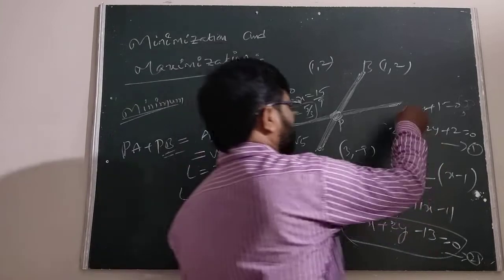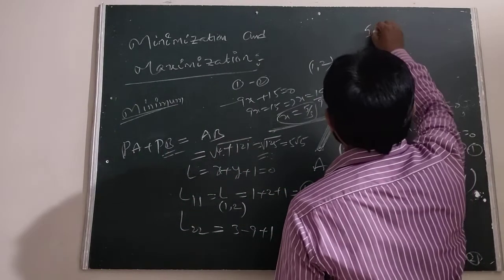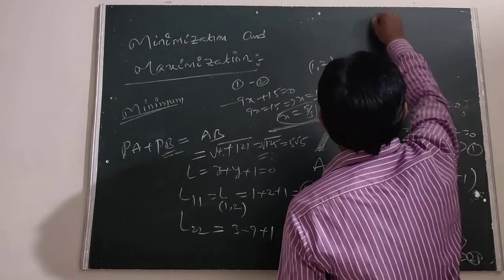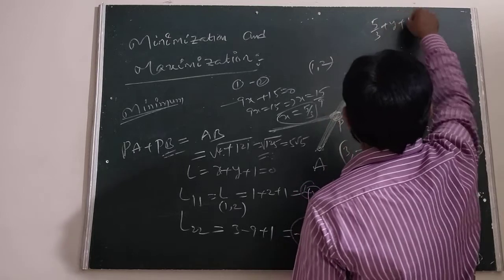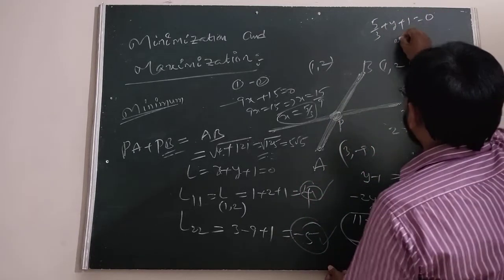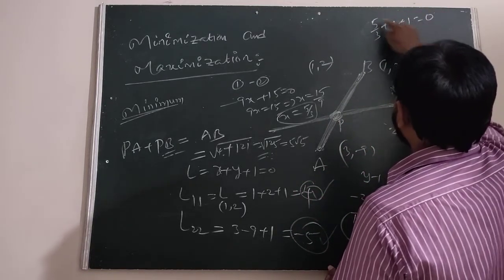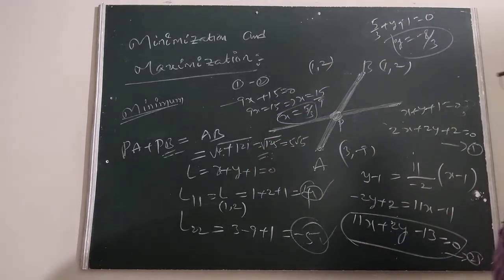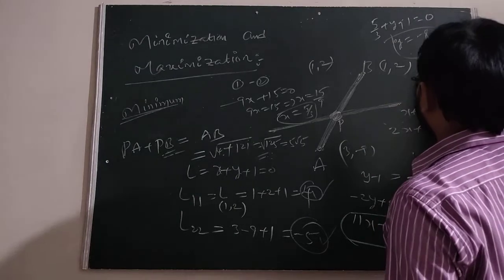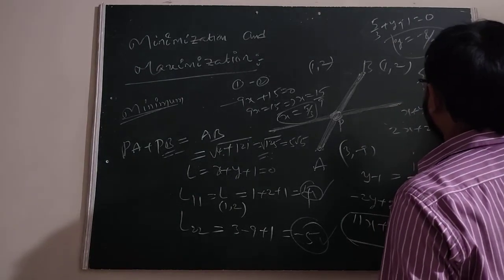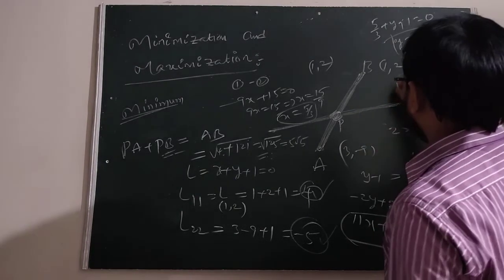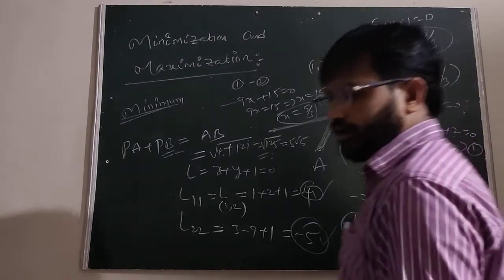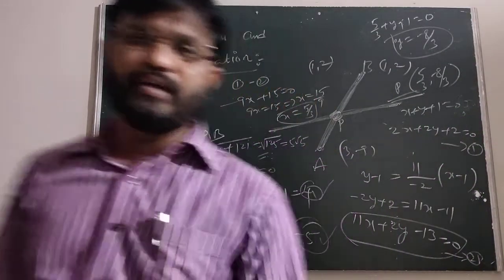Now we can substitute the x here, 5 by 3, plus y plus 1 equal to 0. Now y equal to minus of 8 by 3. Now we are taking the point P as 5 by 3 comma minus of 8 by 3. Is it clear?